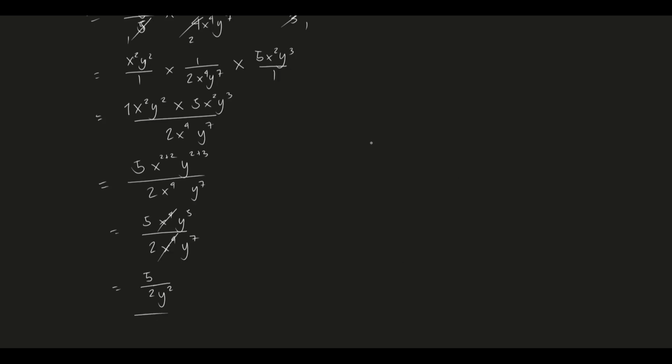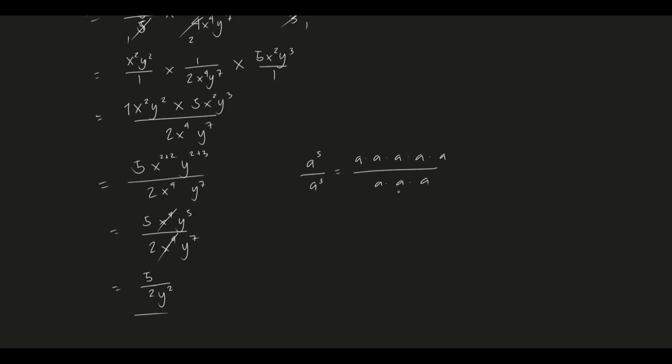So another explanation about the cancellation or subtraction of the exponent is that, let's say we have a raised to the 5 all over a raised to the 3. You can also write this down in the form of a times a times a times a times a, 5 times, all over a times a times a.